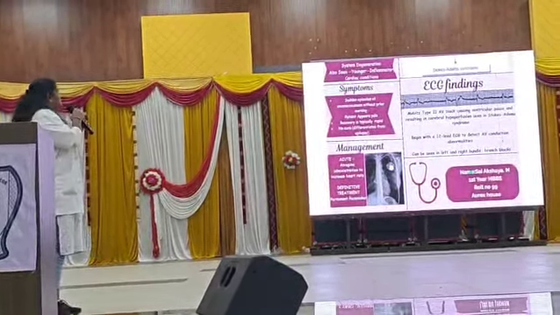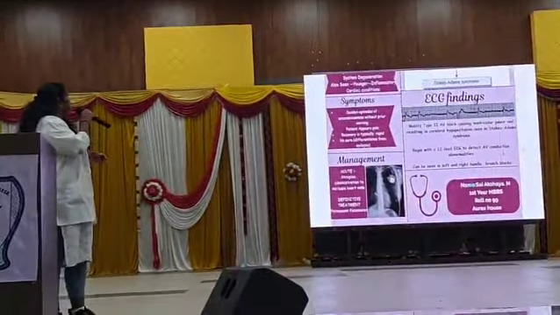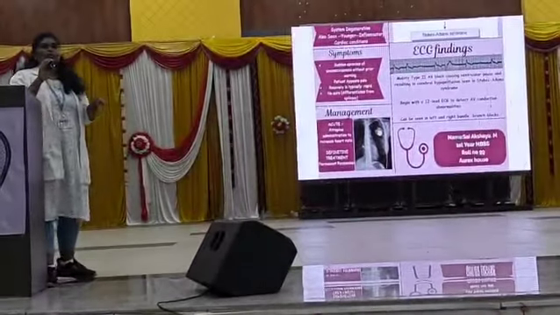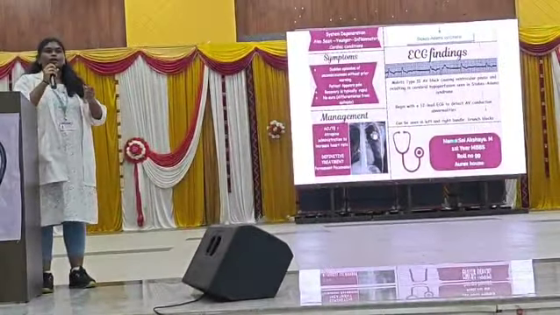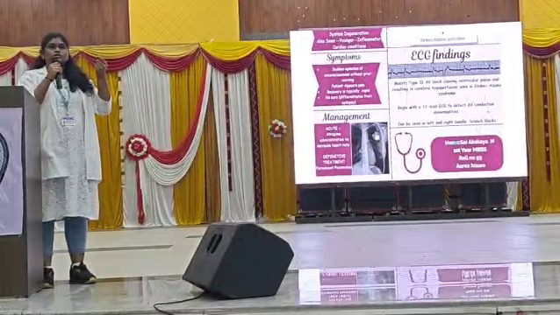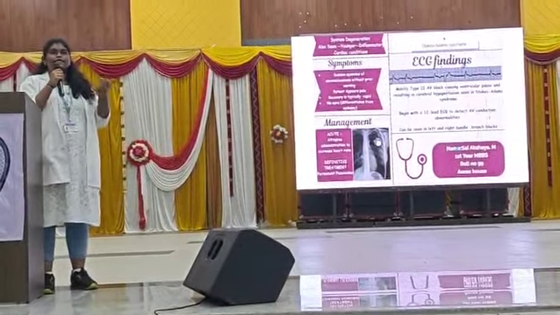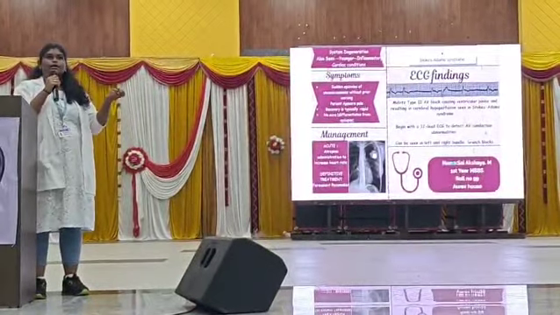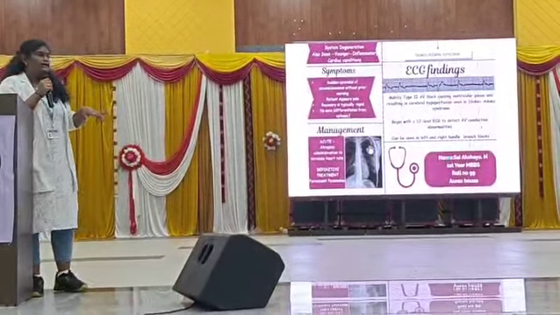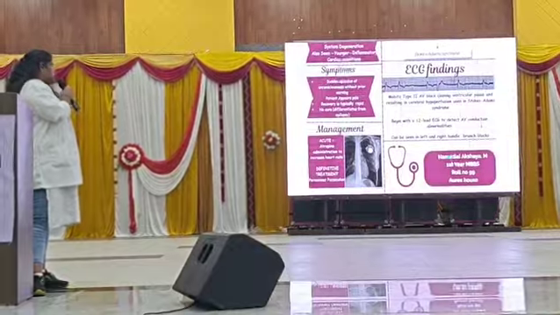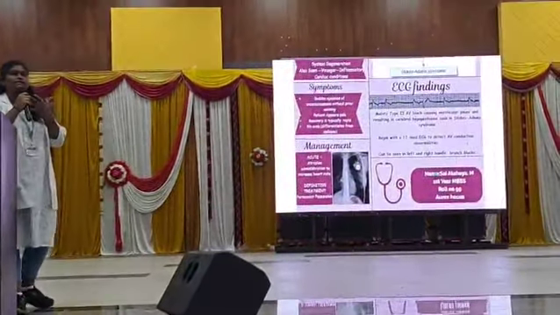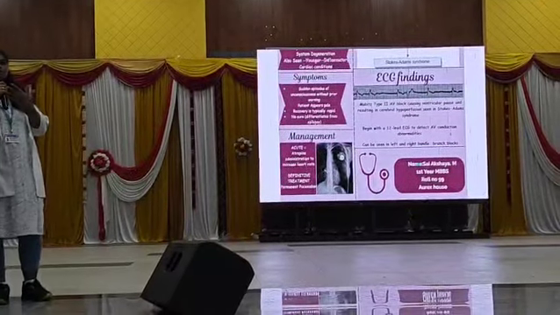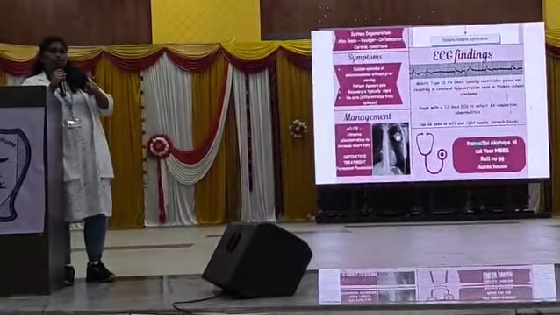What are the ECG findings? Generally, we can see Mobitz type 2 AV block and third degree AV block. If the AV node is not generating any impulse at all, it is third degree AV block. There the ventricle cannot pump and the cardiac output decreases. Another case is Mobitz type 2. In Mobitz type 2, as we can see in this diagram, there is a ratio of QRS complexes, one normal and another one abnormal, like that.